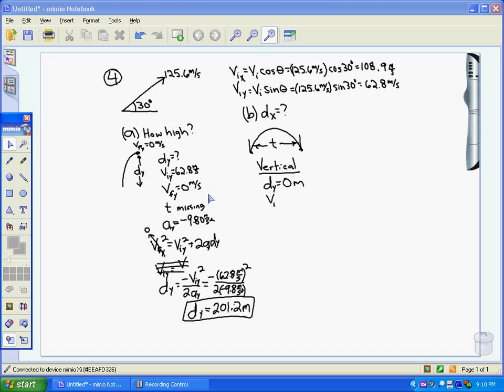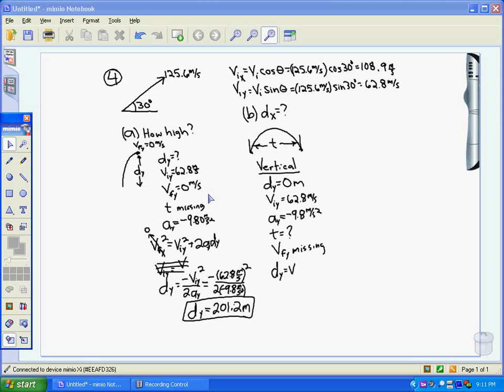And we also know that the acceleration in the y direction is going to be g, which is negative 9.8 meters per second squared. I'm looking for t. And with this one, VFY is missing. So the equation I would use is dy equals VIY t plus 1/2 a t squared.